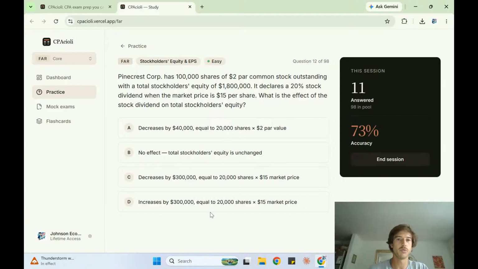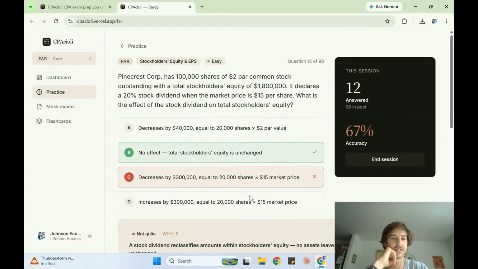Yeah, 20% would be 20,000 shares. And $15 market price is 300,000. Stock dividend means you're paying it out, so I believe it'd be this.